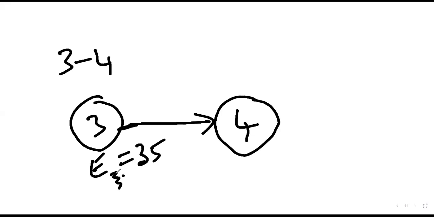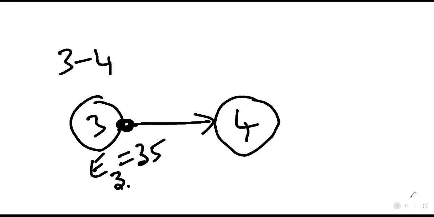First of all, let me know what this number is. What number is to be written here? 3. Yes, exactly right. Why 3? Because you have to consider the early start of the third node. That means any activity starting from the third node, the early start date would be E3.